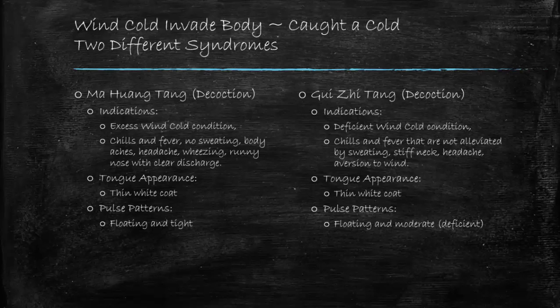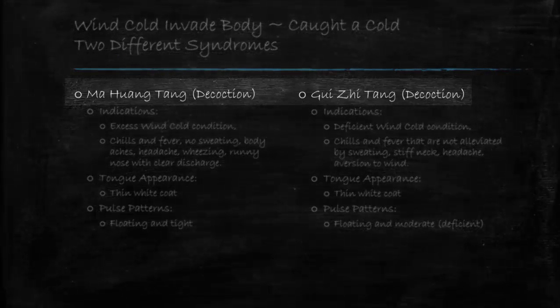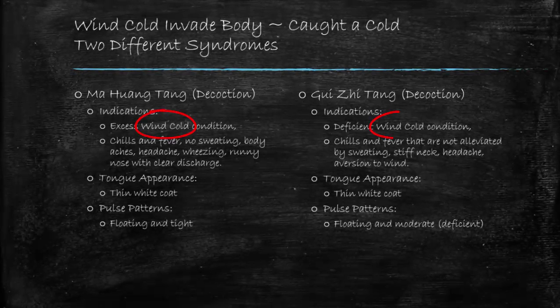So we have two formulas here. They're very classic formulas from the Shang Han Lun by Dr. Zhang Zhongjing: Ma Huang Tang and Gui Zhi Tang. These two very famous formulas both address wind cold invasion into the body, creating a wind cold condition.